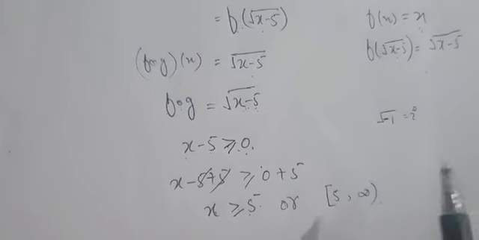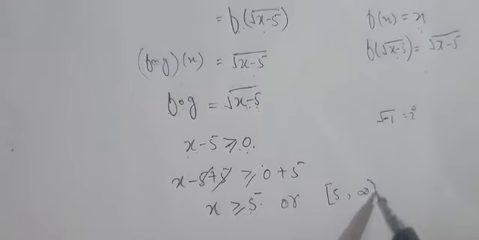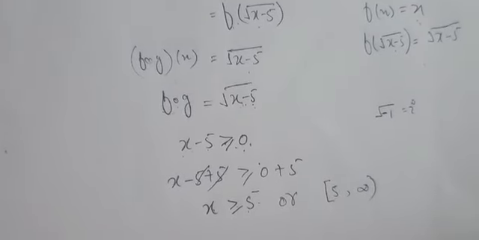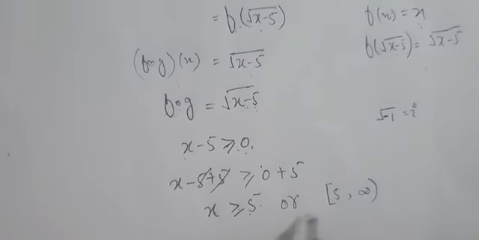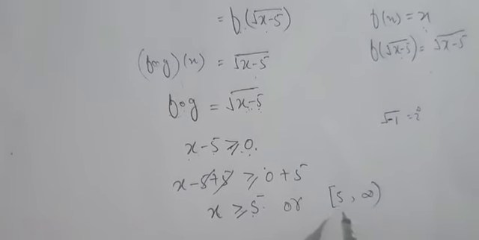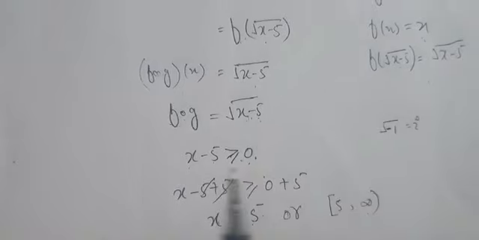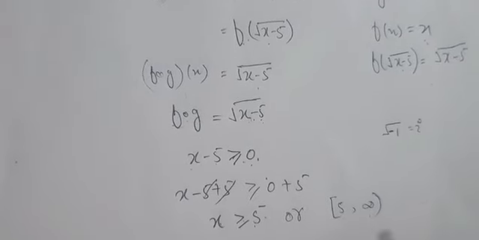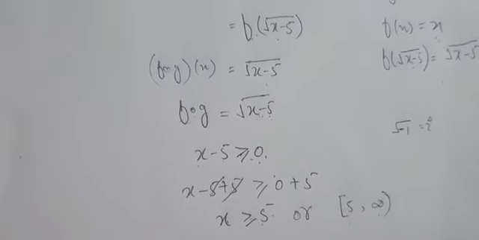But with infinity we know what kind of bracket we will use. So this is the domain for f circle g, and how can we represent it on the number line?